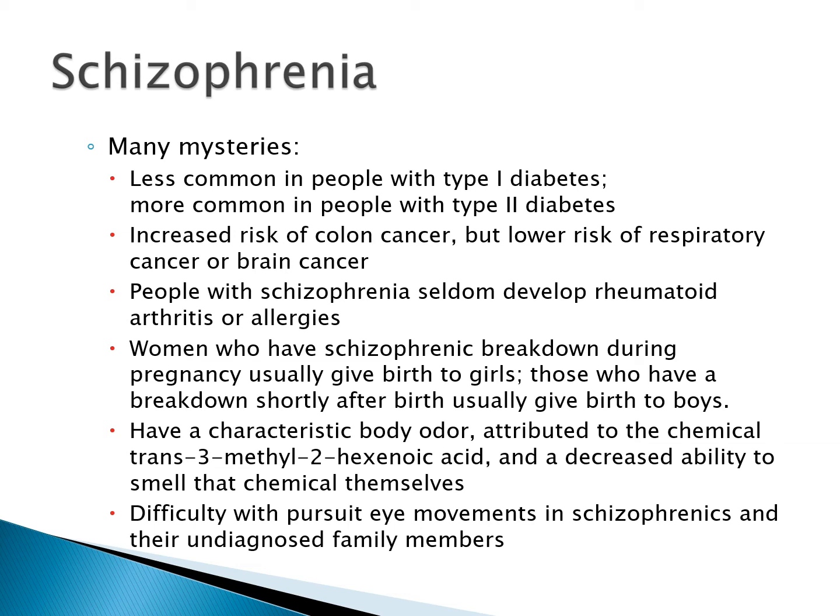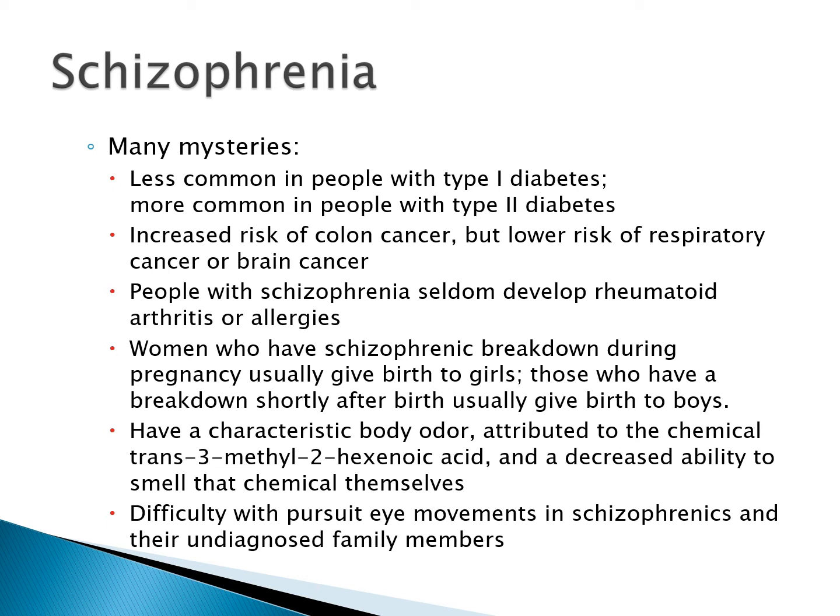They are producing a particular chemical, which gives them a characteristic body odor, and they have a decreased ability to smell that chemical themselves. And as I've mentioned before, when we talked about eye movements, they have difficulty with pursuit eye movements. Instead of making a pursuit eye movement, they are not completely focusing on that, and they are making short saccadic movements in order to keep up with something that they are pursuing in time, in space. And so do many of their undiagnosed family members.